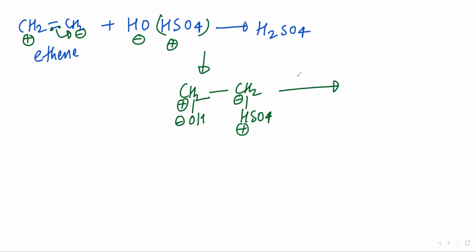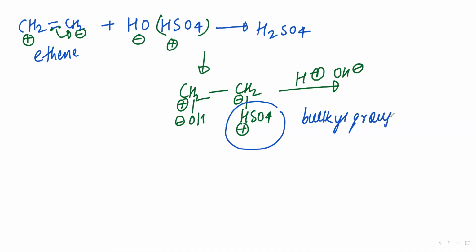And again it reacts with water, so it is H plus and OH minus. Understood? This is the weakest bond because this is your bulky group, right? So it will break its bond. So minus will attract this plus, and sulfuric acid will come out, right?